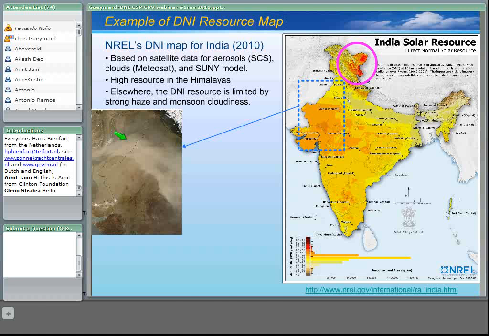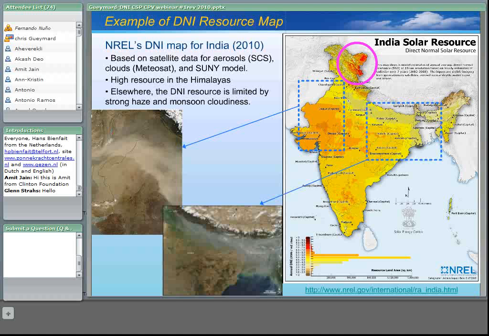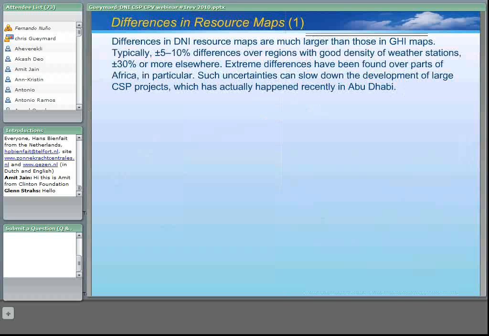Same thing for that part, it's even stronger, and you can see another image from satellite where all this haze shows very clearly. And so this is certainly not the best place for CPV or CSP applications. So you must be very careful about this. Haze is actually killing DNI.